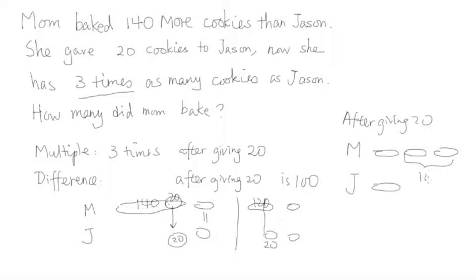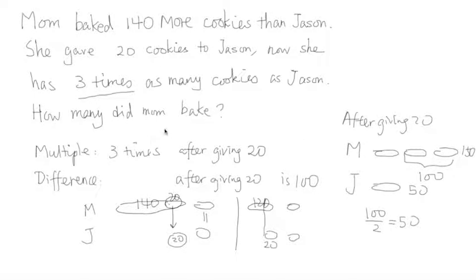That's 2 bars is 100. So what does each bar represent? Well, each bar will represent 50, since 100 divided by 2 is 50. Alright, so this will be 50, plus 100 will be 150.